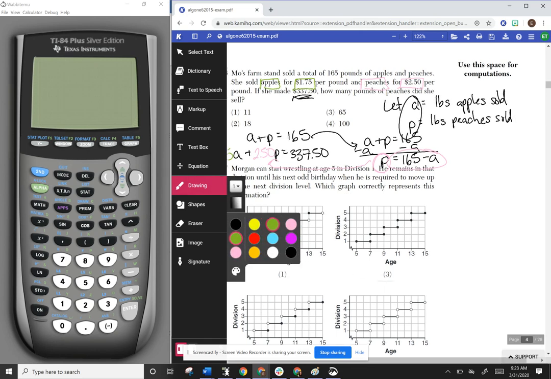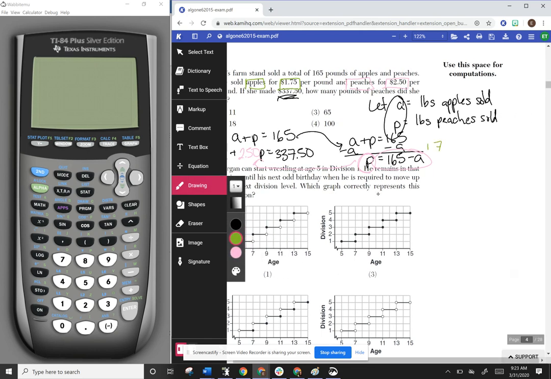So let's see, we got 1.75 A plus 2.50 times P, but we just determined that P is 165 minus A. I'm kind of running out of space, but that equals 337.50.